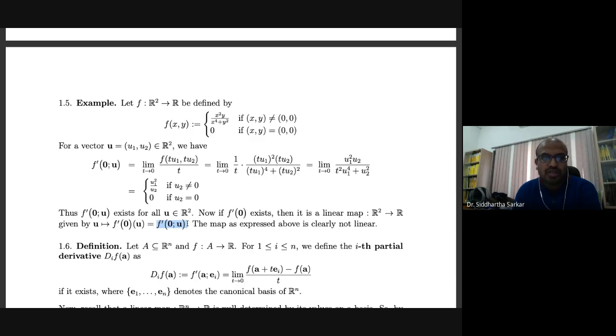So if it exists, then this particular map, u mapping to f prime 0 applied to u, should be a linear map, assuming the derivative exists at the origin.